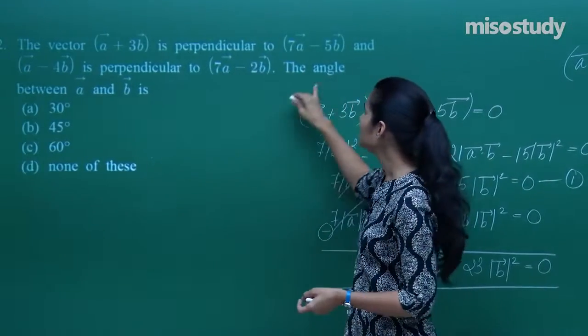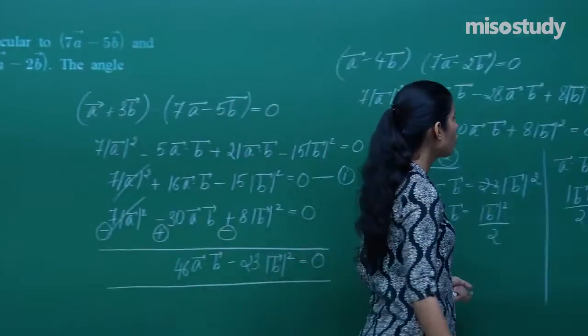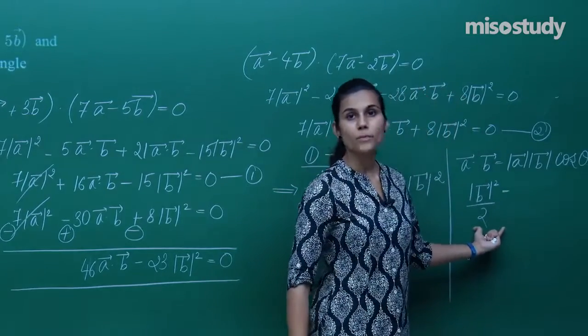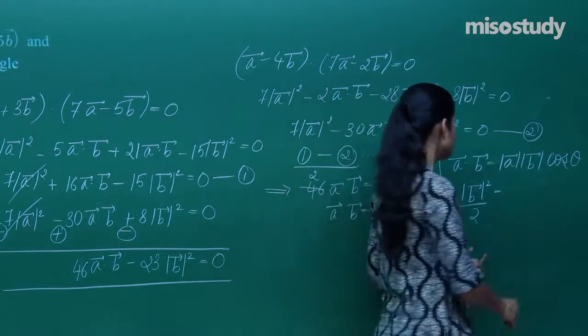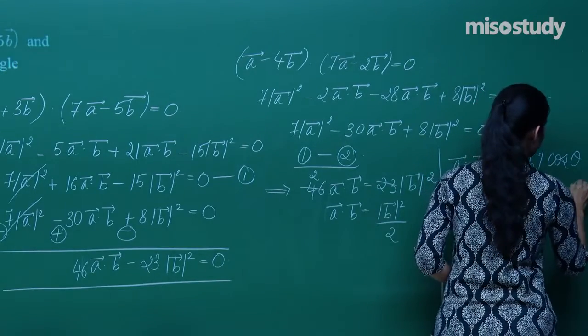Now it is asking what is the angle between a vector and b vector. Now over here, if I talk about a dot b, this has already come out to be mod b square upon 2, and this is mod a mod b cos theta.